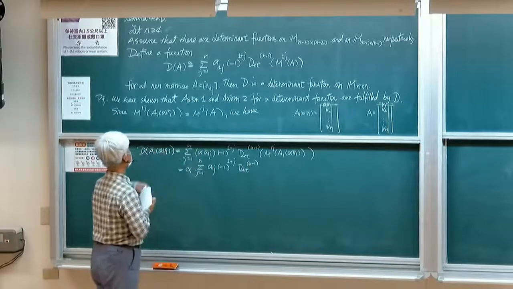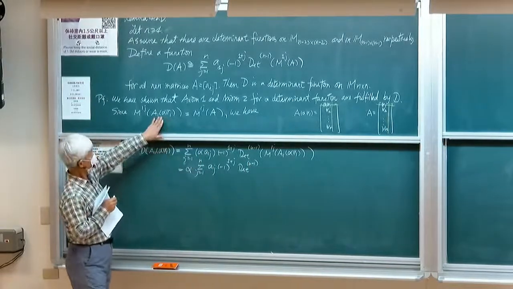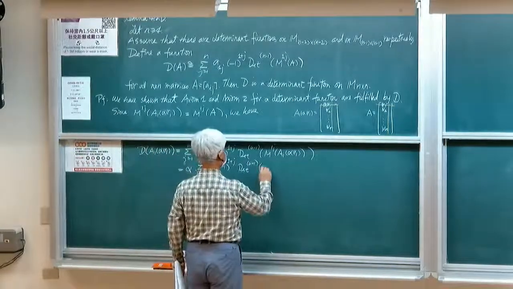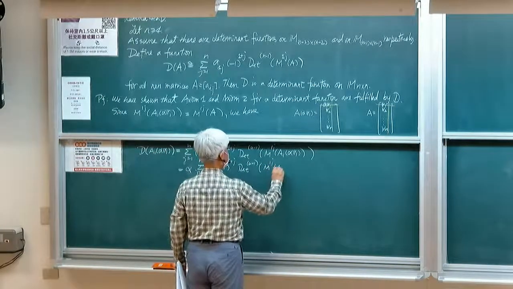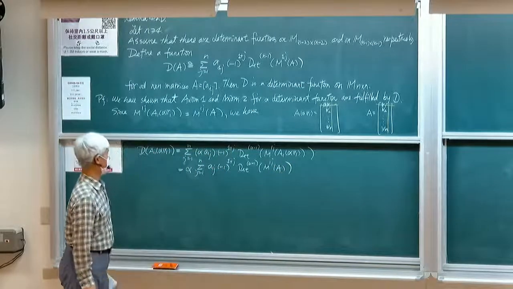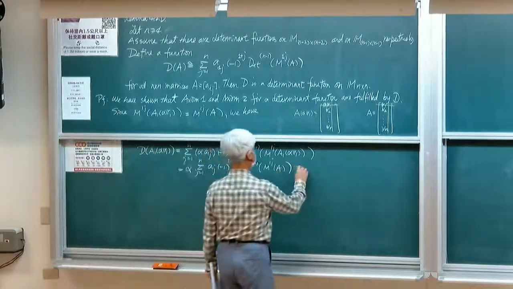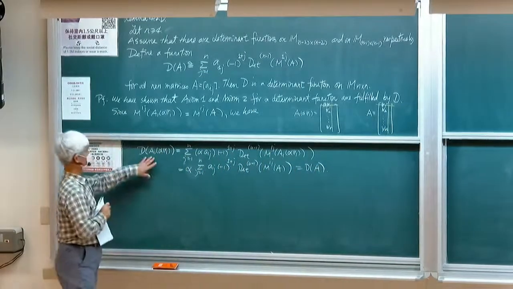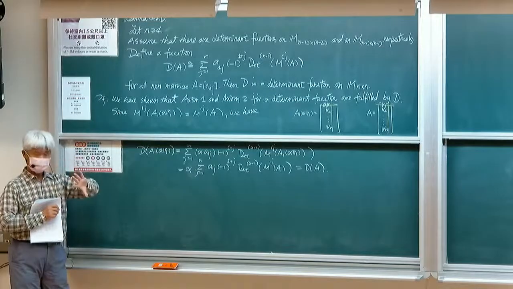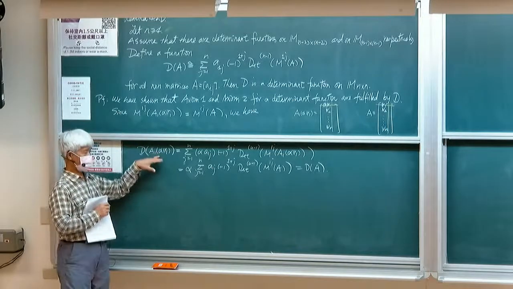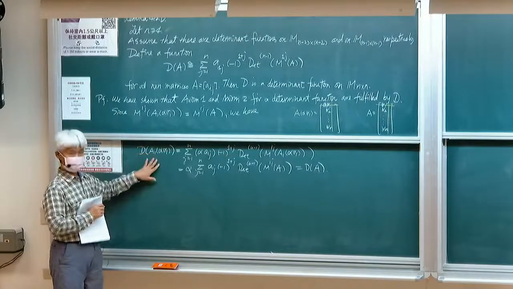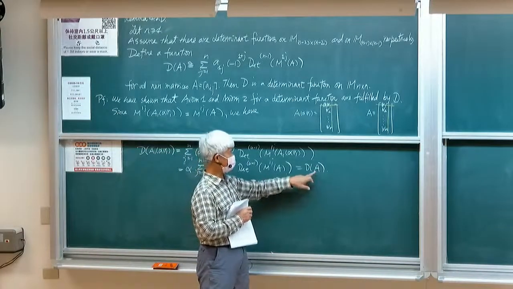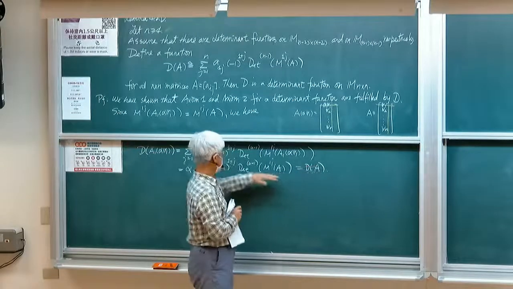But as we have seen, by using this equality, we have M1j of A. But this is exactly d of A. So we show that if we multiply the first row of A by alpha, its determinant value becomes alpha times the value of d at A.